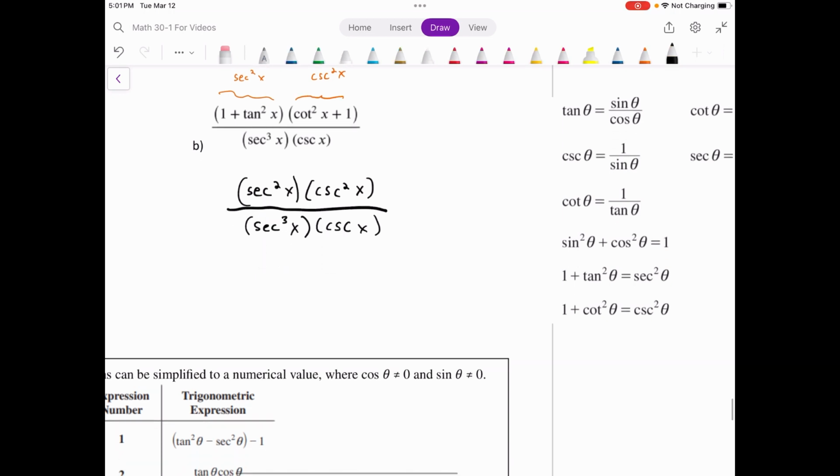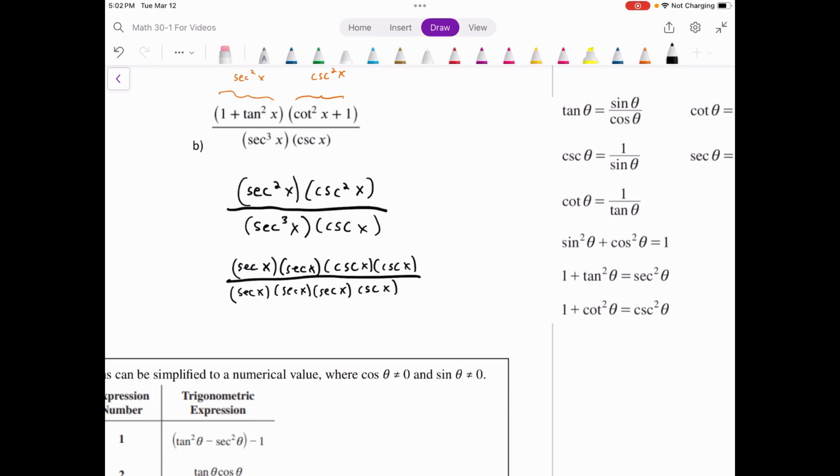Just to really drive the point home, let me write it all out. Of course, we normally don't have to do this, but just to really show you the simplification here. Cosecant of x times cosecant of x, over secant cubed, which is just secant x times secant of x times cosecant of x.